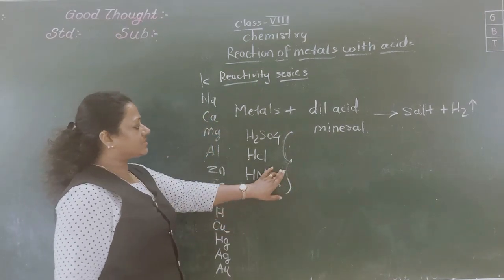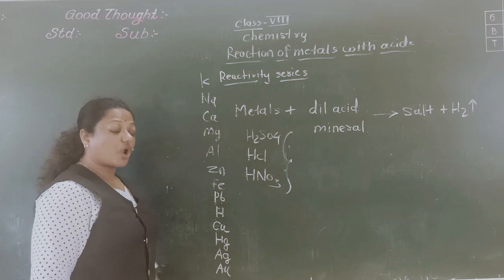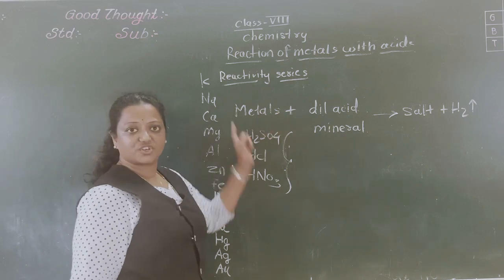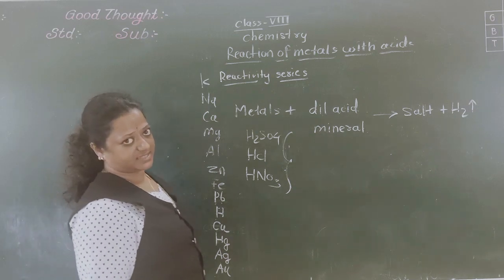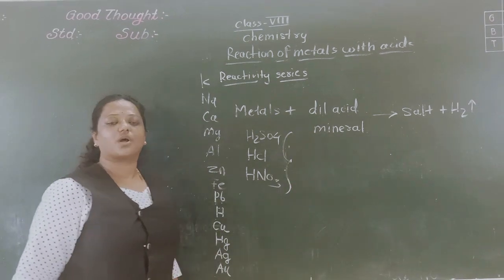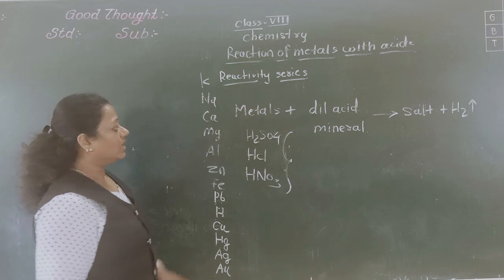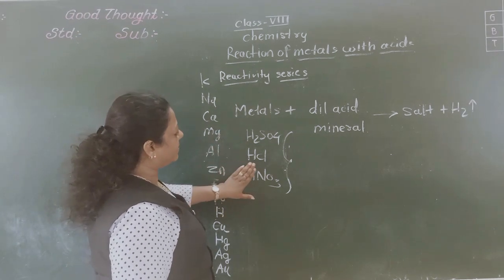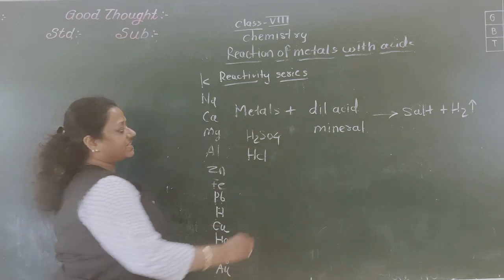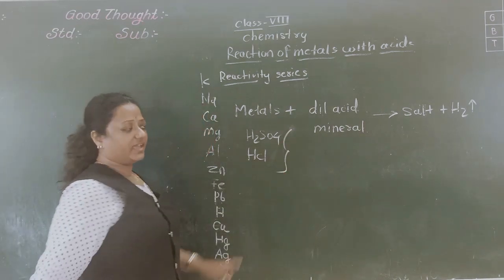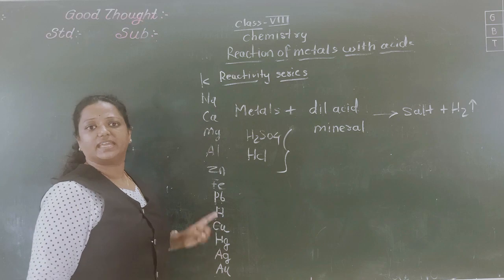These three acids are strong acids. You have learned in class 7 about strong acids and weak acids. On what basis they are strong and weak, we shall learn later. We will not take HNO3 here. We will take only these two acids, H2SO4 and HCl.